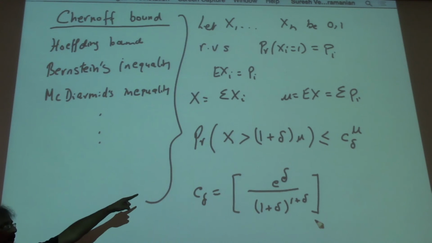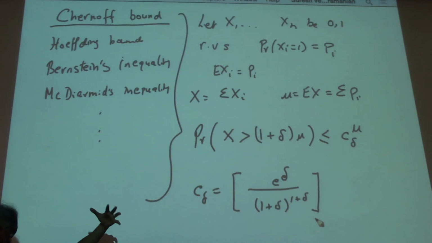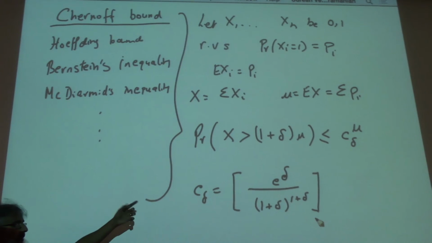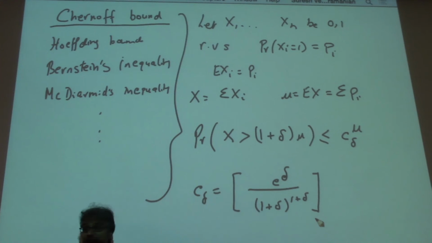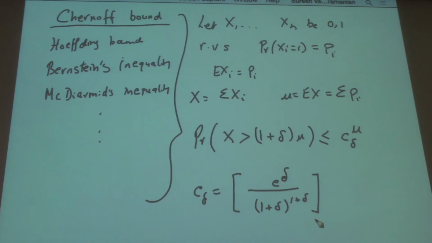What we're saying is that the probability of this happening is a really small number that decays exponentially with delta, to the power of mu. And it has to be to the power of mu, but you can pretend mu is 1 for now.